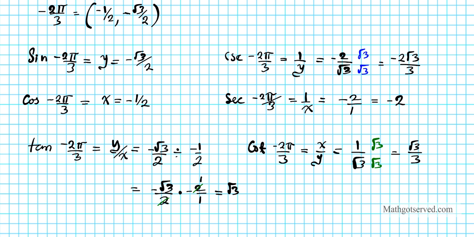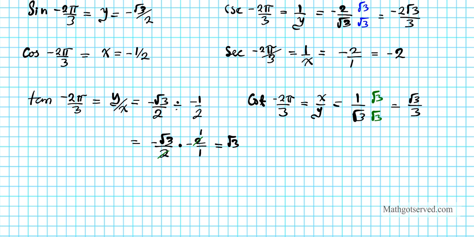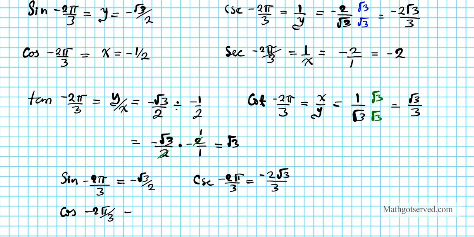Let's go ahead and organize them in a list. So we have sine of negative 2 pi over 3 equals negative root 3 over 2. And its reciprocal, cosecant of negative 2 pi over 3, equals negative 2 root 3 over 3. Cosine of negative 2 pi over 3 equals negative 1 half.